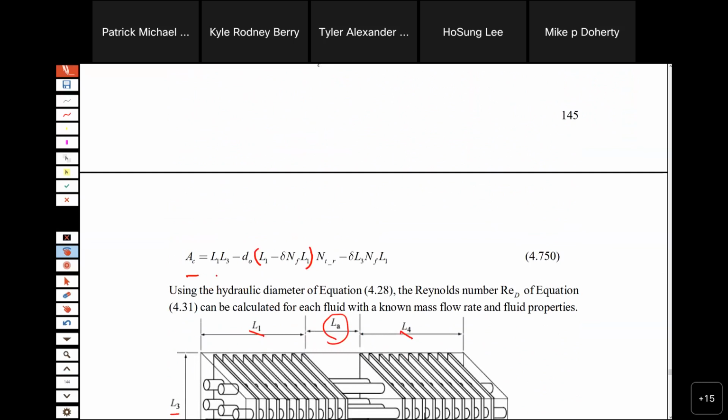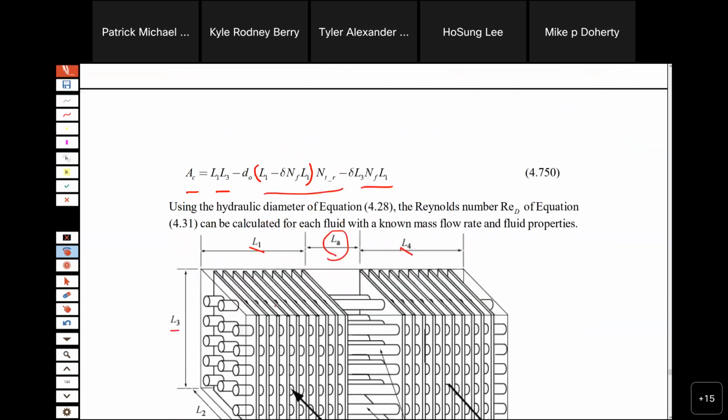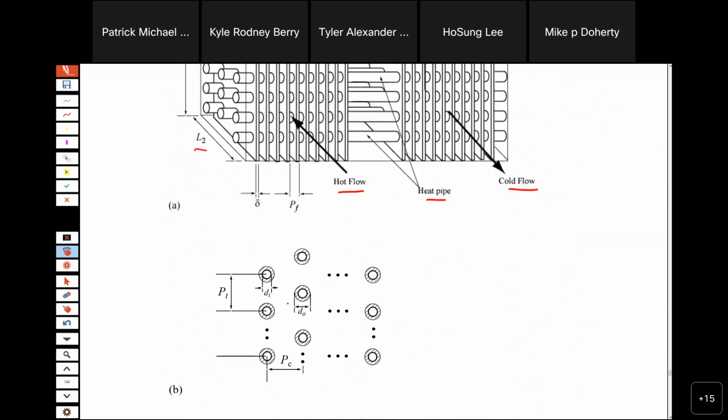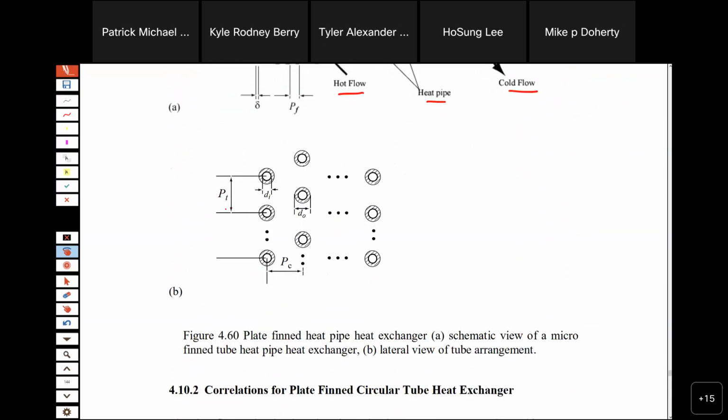And then the cross flow area also I figure out. It takes time, but you can look at it. So we can figure out the cross flow area and then the tube pitch. And this is a pitch of C.